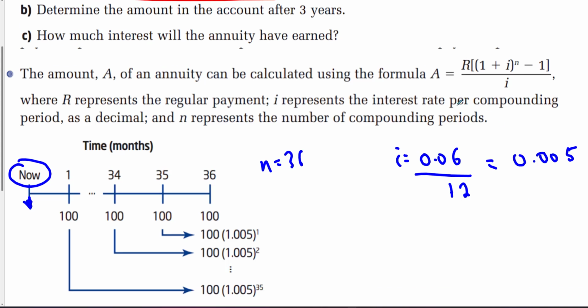Okay. So A is the amount after all those years. R is my regular payment. How much am I depositing each month? Well, that's this value here, $100 each month.